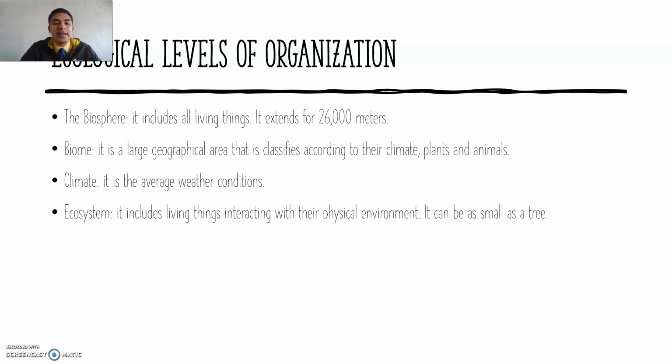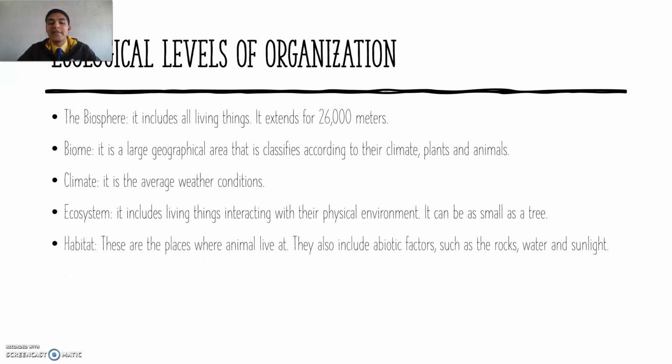In Petén, you are going to find a lot of living things interacting with other organisms, such as jaguars, monkeys, and you can find a lot of plants that are going to interact with water, sunlight, rocks, soil, etc. But an ecosystem can also be a small tree, since it can have worms living inside it. So the plant is interacting with the worms, and the plants are interacting with the soil and the ground where they are located. So an ecosystem can be very small, and it can be a little bit bigger as well.